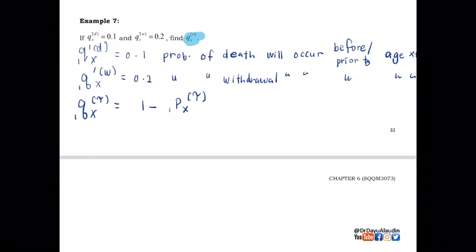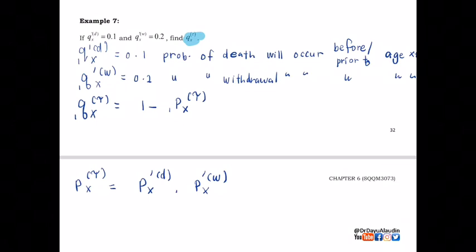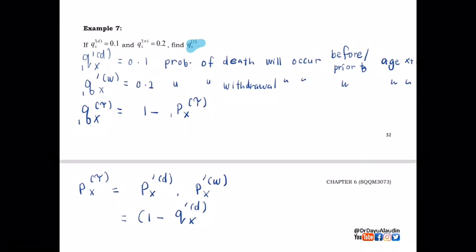So how to find Px tau? Px tau is equal to Px prime for death times Px prime for withdrawal. So how to find Px prime for withdrawal? Px prime withdrawal is equal to 1 minus Qx prime for withdrawal.